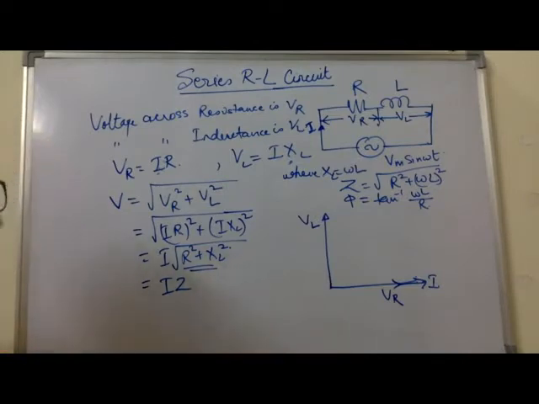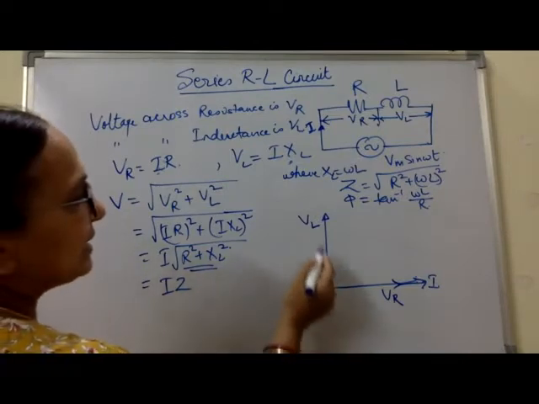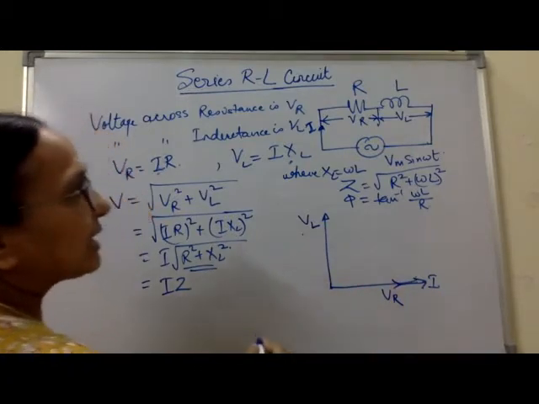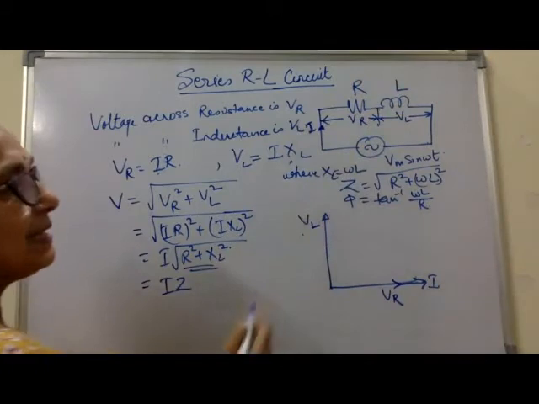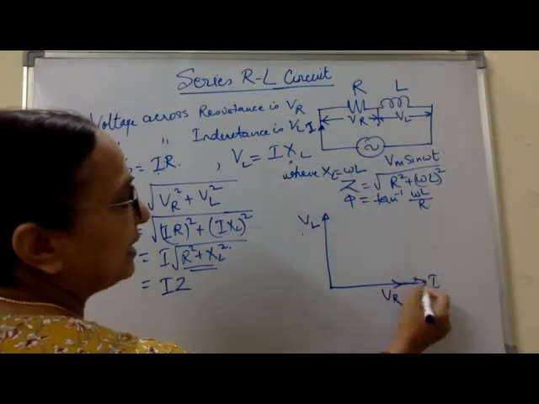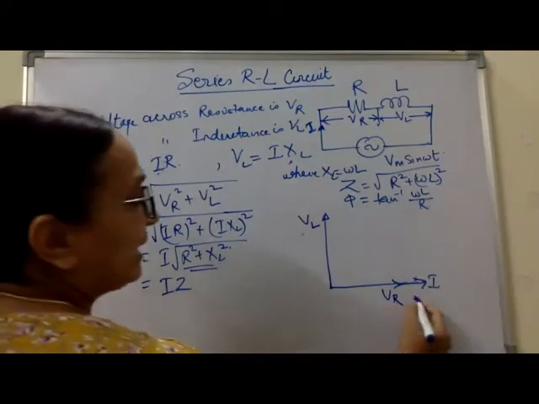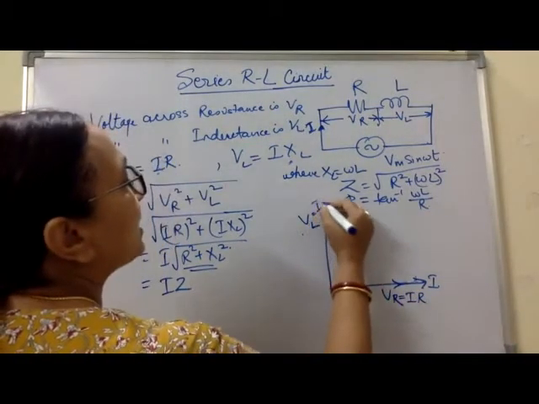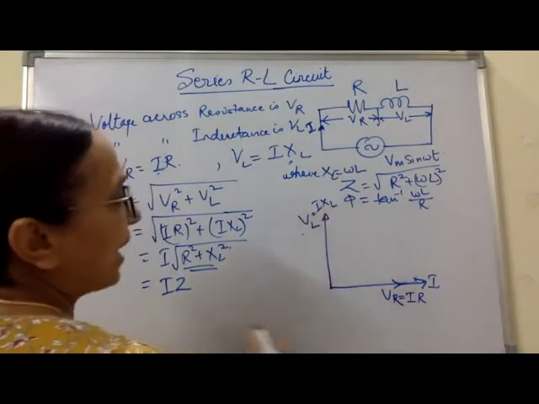Or if we are taking the current as the reference, then the voltage across the inductor will lead the respective current. Now because it is a series circuit and current is the same, therefore the current is taken as the reference, and this VR is equal to I into R and this VL is equal to I into XL.